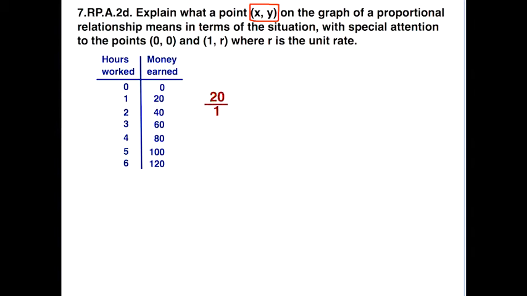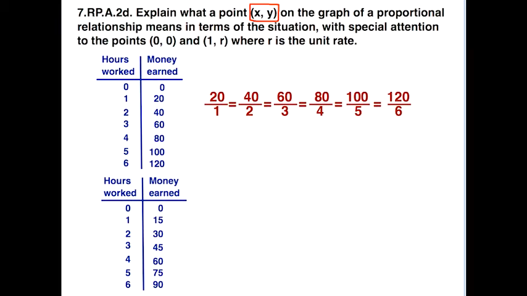Let's take our values, the first being 20 over 1, then 40 over 2, and then the next one, x is 3 and y is 60. Then we also have the point (4, 80), with 80 being on top for the y value, 4 being on the bottom for the denominator, our x value. And then 100 over 5. And 120 over 6. Notice that these are all equivalent fractions.